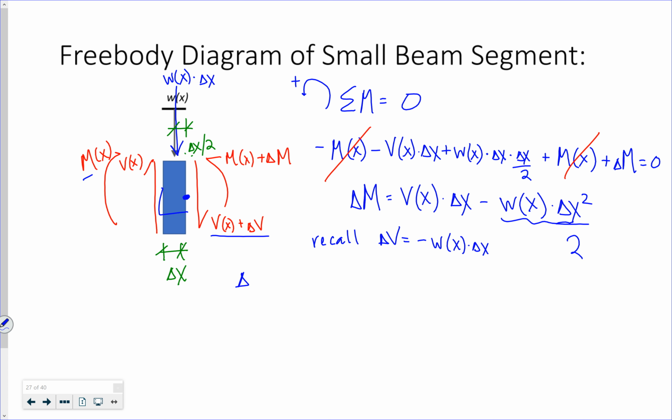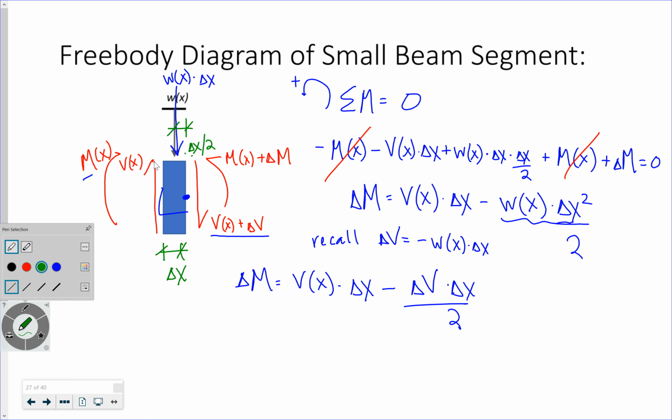So delta M equals V of x times delta x minus delta V times delta x over 2. Right, so that is going right there.